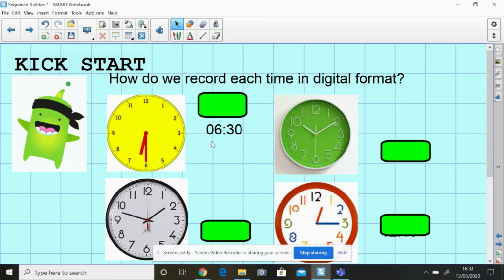We can write that as 06:30. And you might be quite familiar with this from your alarm clock or your phone. Okay, so 06:30.